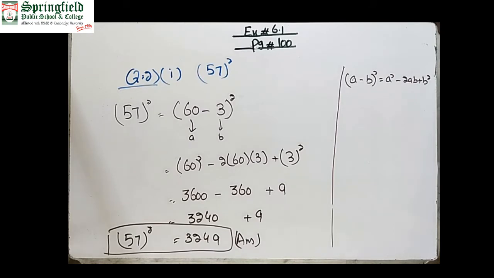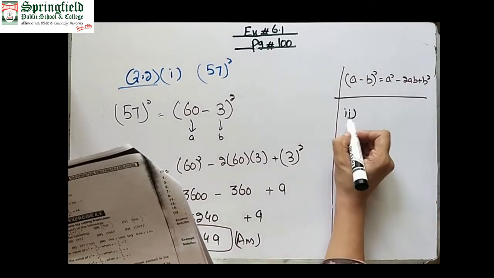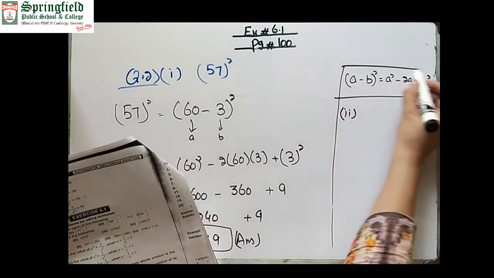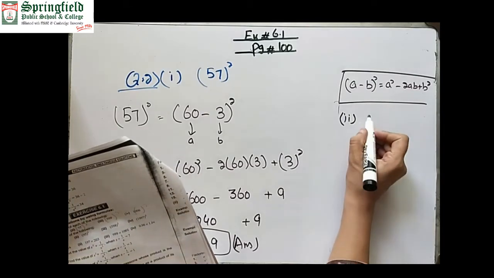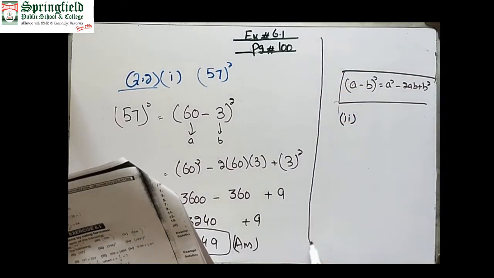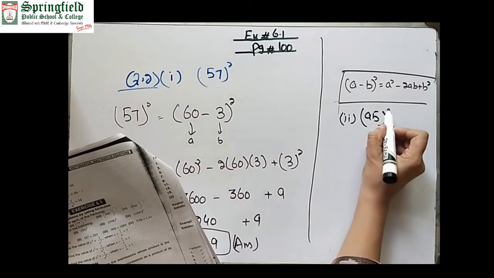Okay. Now come to the second part, and the second part is 95 whole square.